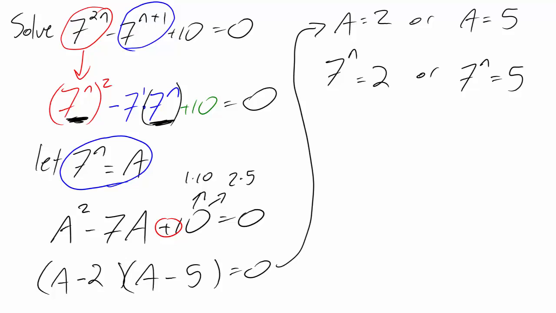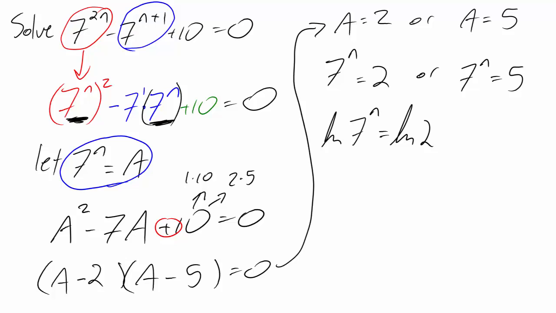Now is the time we're going to use logarithms. You can use common log or natural log. If you plan on moving on to calculus, you're going to become much more used to seeing natural log, and so that's what we're going to use here. So we're going to take the natural log of both sides for this first one. So we have natural log of 7 to the n to equal natural log of 2.